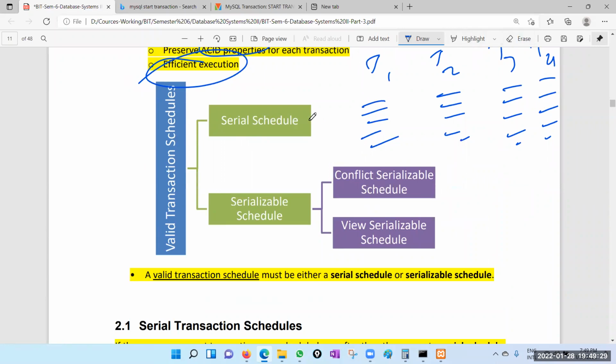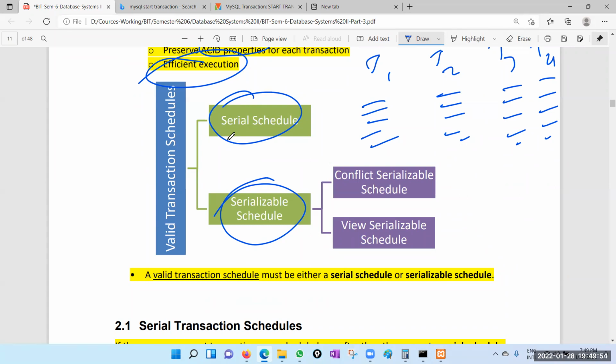Okay. So there are two types of schedules: the serial schedules and serializable schedules. Those are the valid schedules. If a transaction schedule is valid business logic wise, or if it is not violating the ACID properties of any of the transactions, then we say it's a valid schedule.